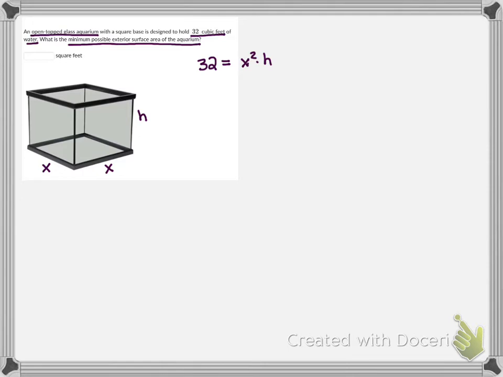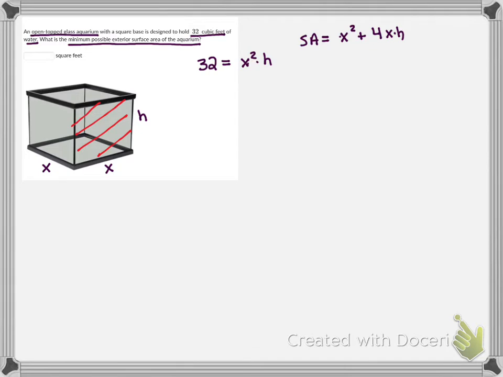And the surface area, I'll call it SA, is what we are trying to minimize. That's where we'll take our derivative. So the base will be x squared, and then we're going to have 4 x times h's, because we'll have 4 of these equal sides.